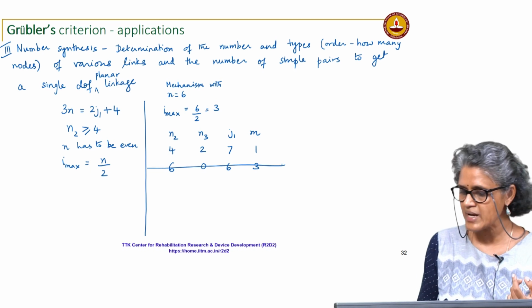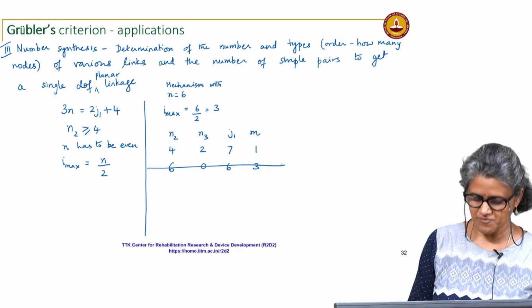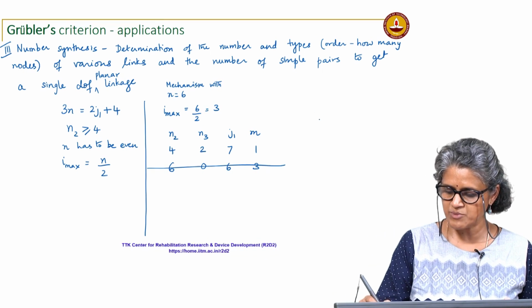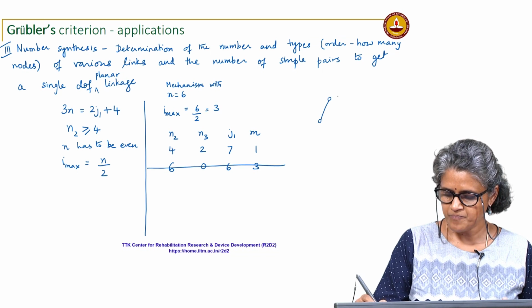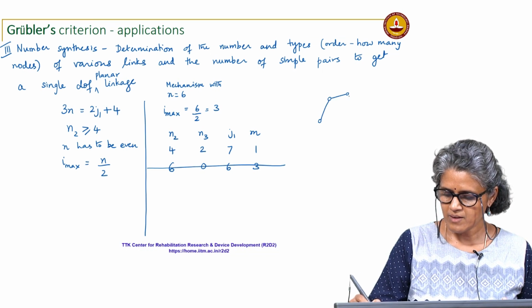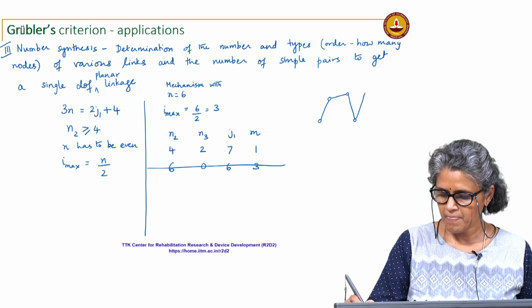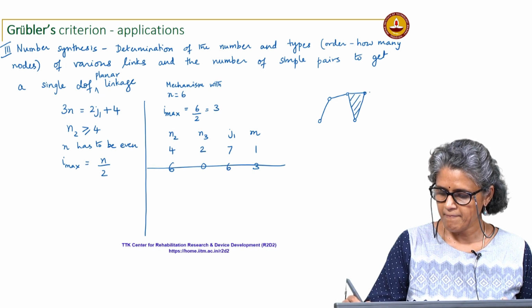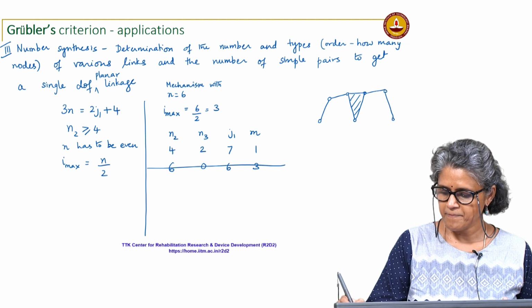Okay. And that is how you get the 2 configurations of the 6 bar, which you have seen before. One is the, do you remember? Anybody?